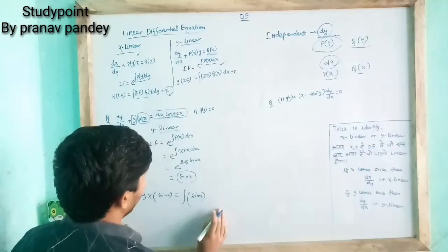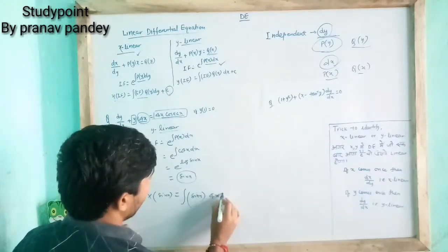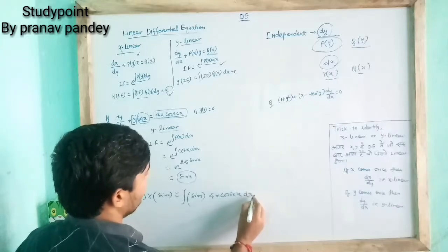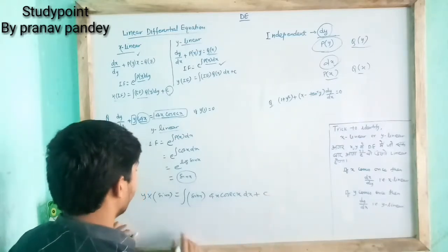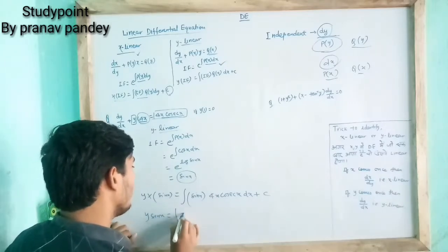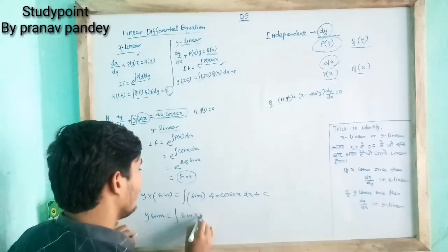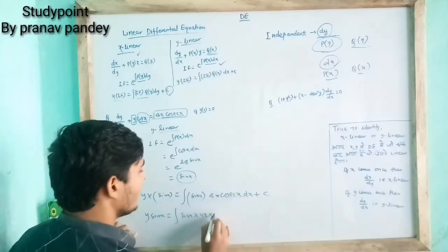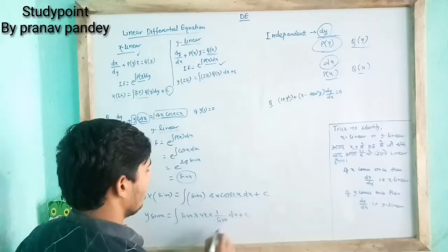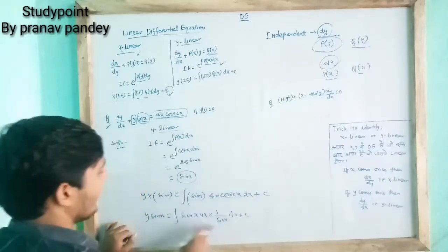So 4x into cosec x, with respect to dx plus an arbitrary constant c. So y sin x is equal to integral of sin x into 4x cosec x, we can write cosec x as 1 by sin x, dx plus c. So sin x term is cancelled.